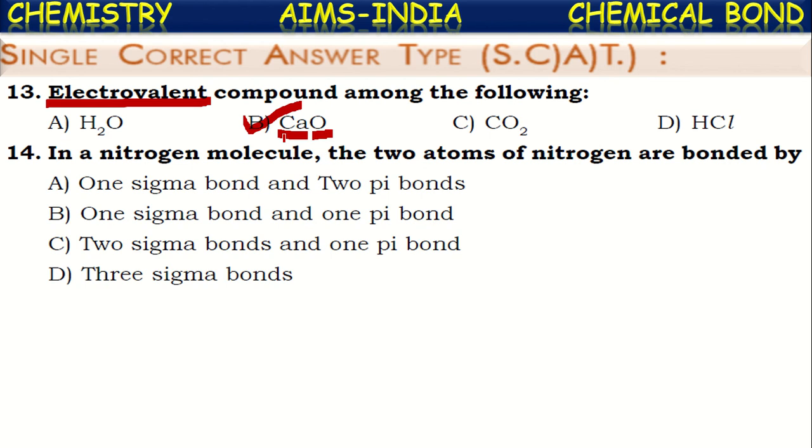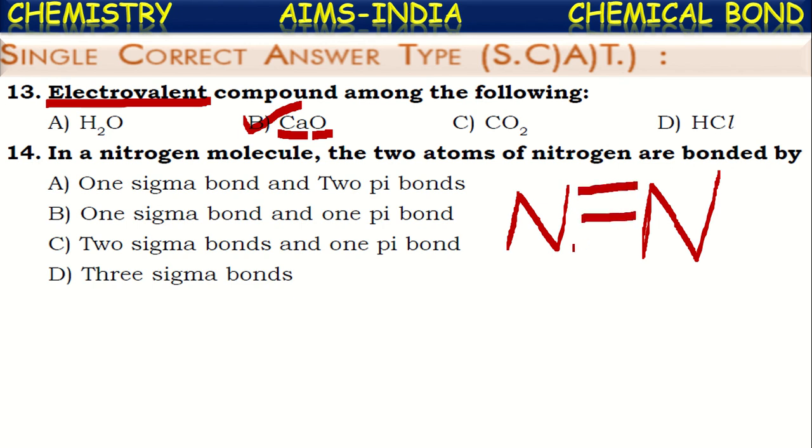Next one. In a nitrogen molecule, the two atoms of nitrogen are bonded by. So what type of bonds are present in the nitrogen molecule? We know in a nitrogen molecule, each nitrogen atom contributes 3 electrons for bond formation, and hence they form a triple bond between those two.